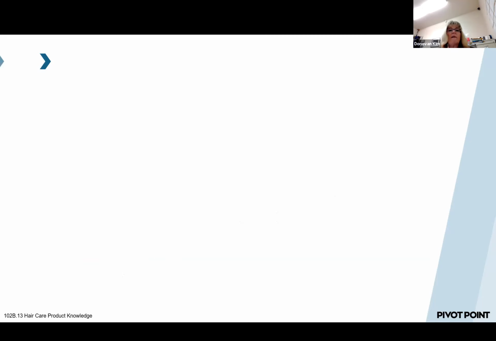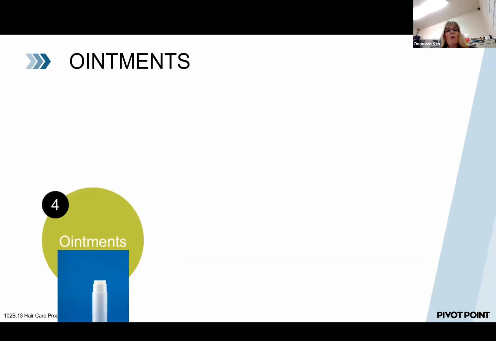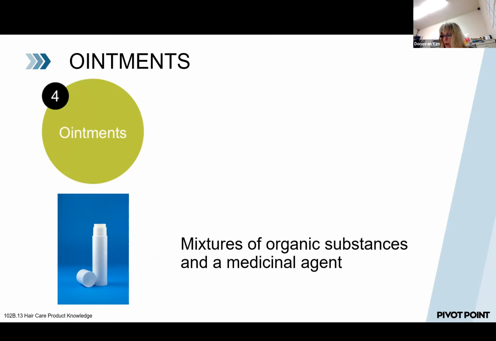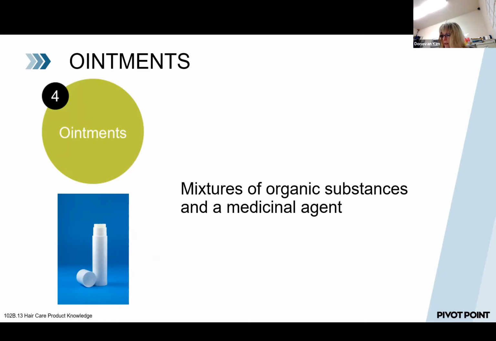Okay, so then we have an ointment. Ointments are generally medicated. There are some that are not, but if you think about the things that are really thick, they're organic substances and a medicinal agent. They are usually found in a semi-solid form, and water usually is not in these types of ointments.